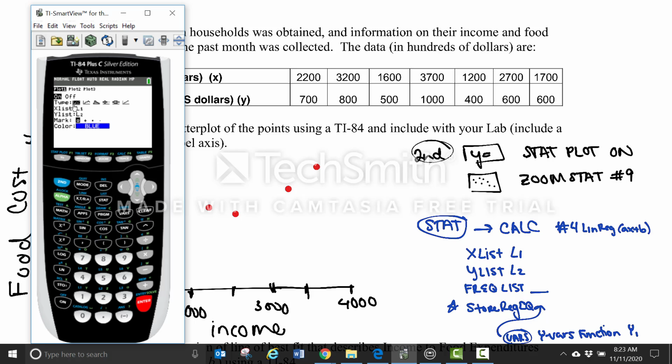Now you want it to be this thing right here, that's the scatter plot. So second y equals, stat plot on. You should take notes for this so you don't mess it up. You need a scatter plot.